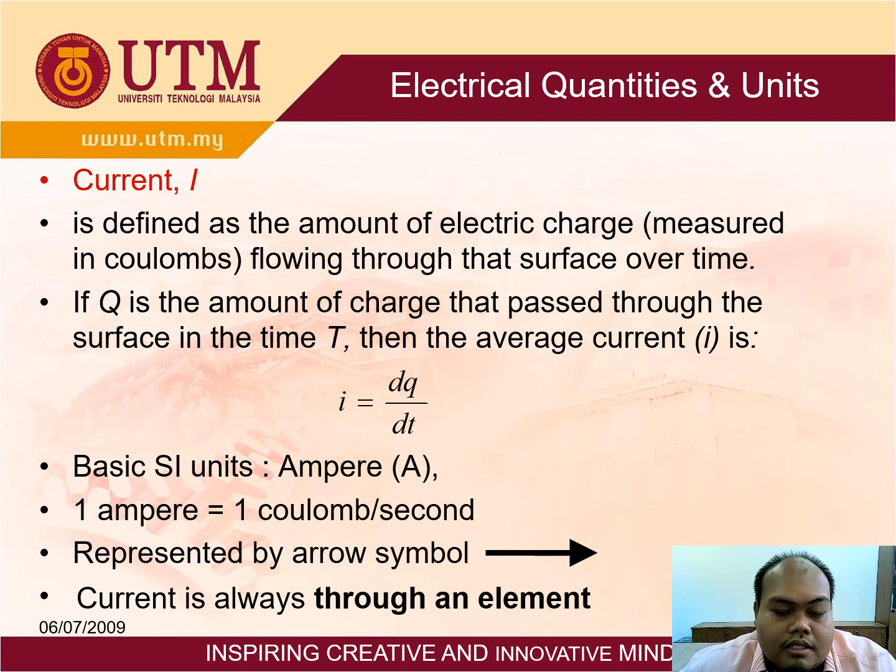You can see the formula here, I equals dq over dt. It is the rate of flow. And the unit I mentioned before is ampere or A. If you draw it in the circuit, you have to show it as an arrow. The current always goes through an element.